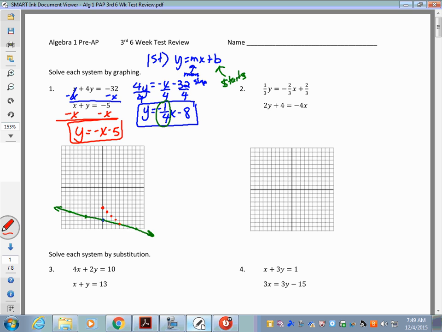And I can see where those lines intersect now. Your solution is that point of intersection. That's where the solution is. And it's negative 9.